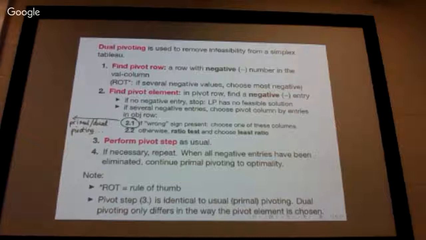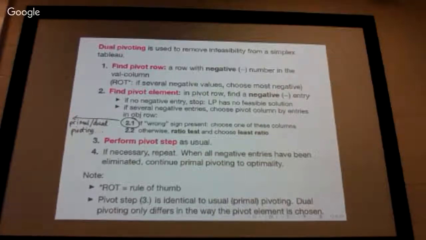It should be enough to understand that the dual pivoting works well when we have a problem which is, I call it optimal. The proper word for it is actually dual feasible. So no wrong signs in the objective row, and the val has the wrong signs. Whereas the primal pivoting, the usual pivoting, we have a primal feasible problem.